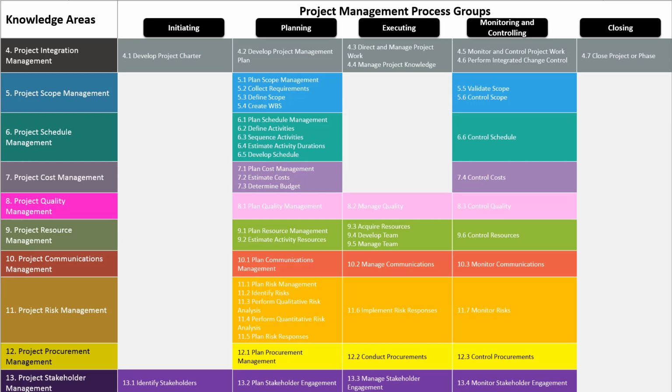Altogether, we have 10 knowledge areas. They are project integration management, project scope management, schedule, cost, quality, resource management, communications, risk, procurement, and stakeholder management. Each process in the knowledge area falls into one of the 5 process groups, which are initiating, planning, executing, monitoring and controlling, and closing.